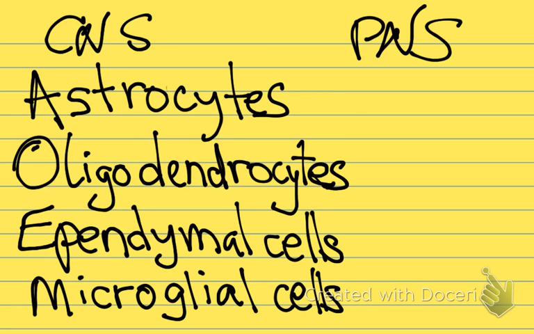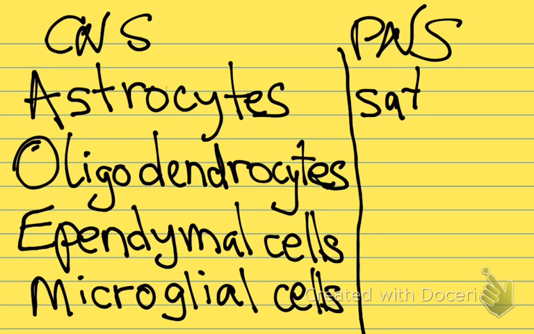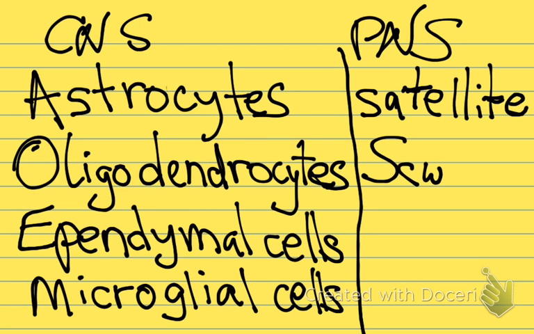Okay. In the PNS, we only have 2 kinds of cells. One of the cells kind of hangs around the neurons, so we call it a satellite cell. And we really don't know much about them, so I don't really have a lot to tell you about that. The other cells we still usually call after the person who first described them, even though we're trying to get away from names named after people.